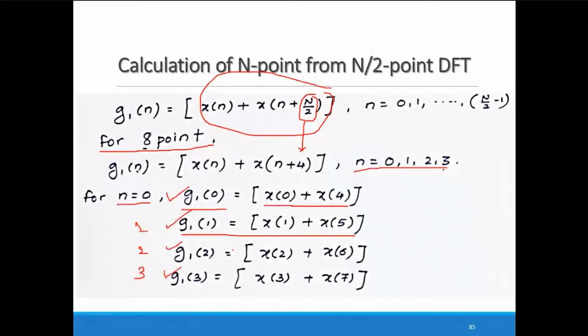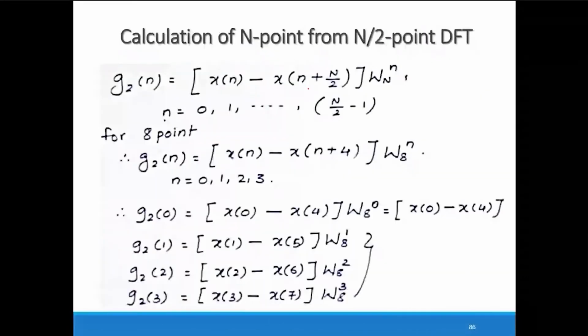Now we write the equation for G2n. G2n is nothing but xn minus x of n plus N by 2 times omega N raised to n, where n starts from 0 to N by 2 minus 1. So for 8-point DFT, how can we write this equation?